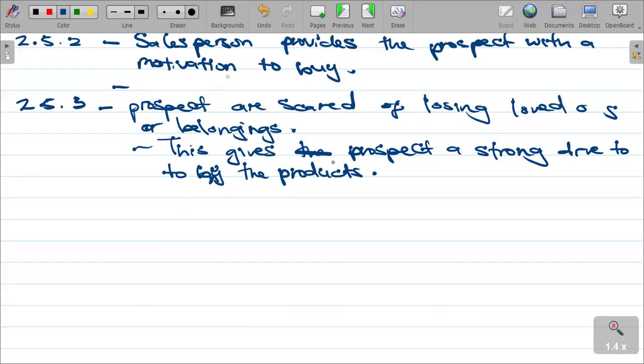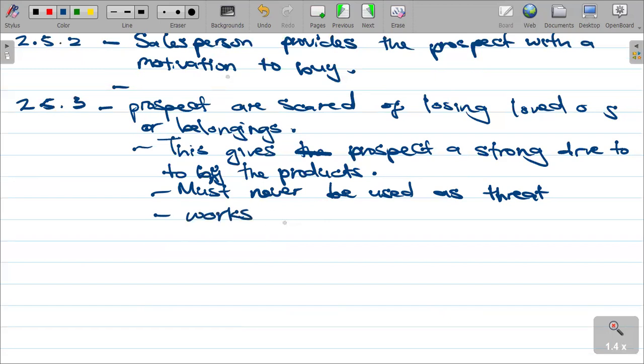The technique must never be used as a threat, though. All right. And also you can find that this technique works well because all decisions are based on the feelings.